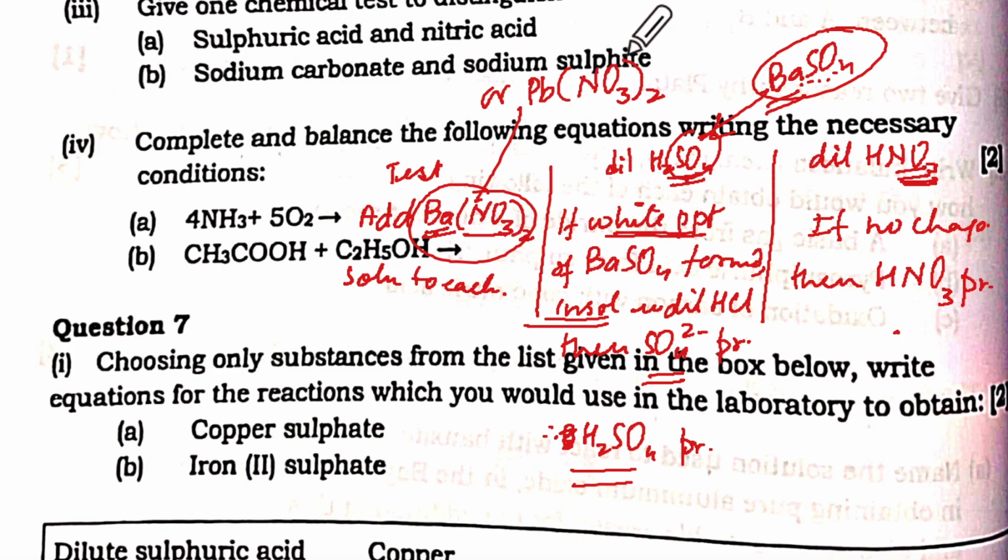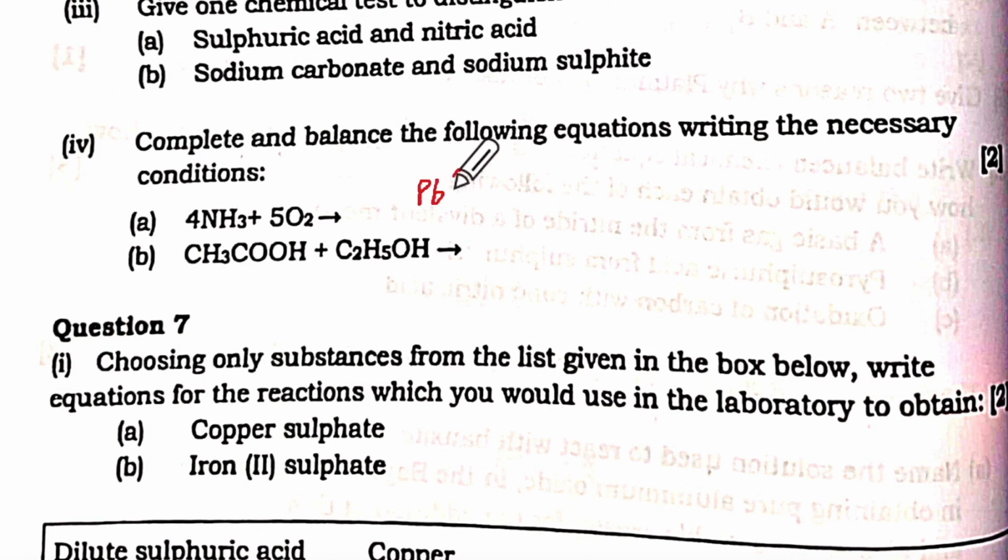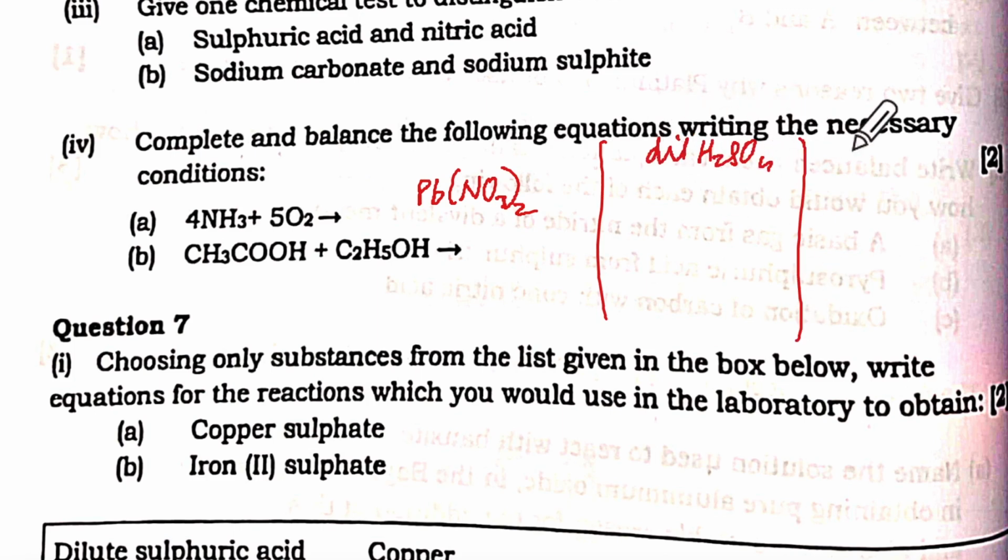Sometimes they'll tell you to use Pb(NO3)2. They say use Pb(NO3)2 and distinguish between dilute H2SO4 and dilute HCl. Then what you have to do, this is going to give me PbSO4 here and PbCl2 here, and both of them are chalky white PPT.